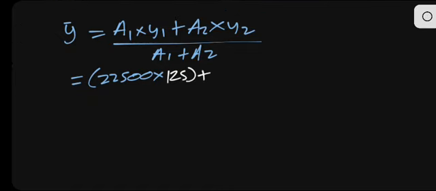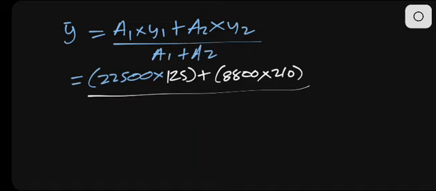plus area 2, the one that we've calculated. We know that it was 8800 multiplied by y2, which is 210. Obviously divide this by the total area. We add these areas, 22500 plus 8800.